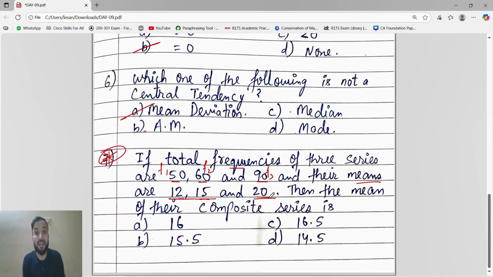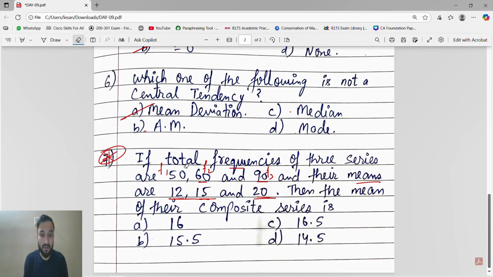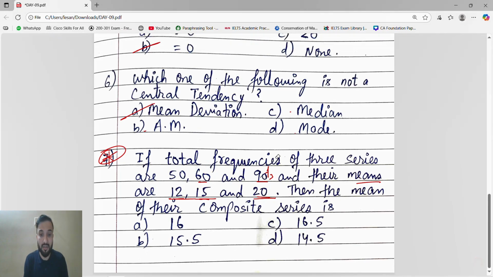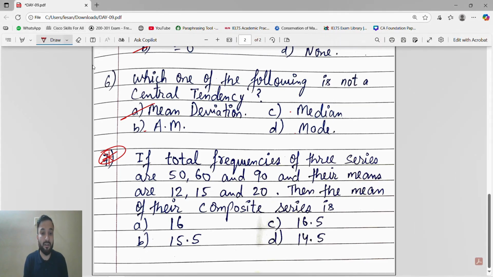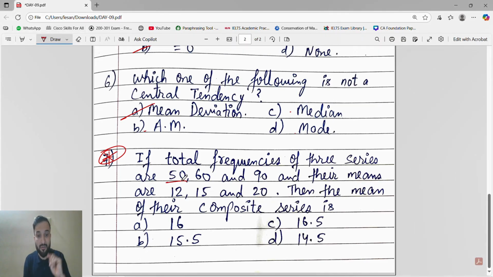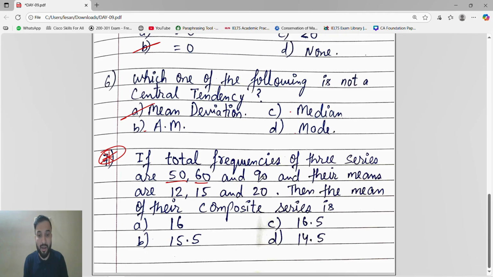Whose means? The set of observations' means. So this is not a frequency, this is a set of observations. 50 is n1, 60 is n2 and 90 is n3, and their means are x1 bar, x2 bar, x3 bar.